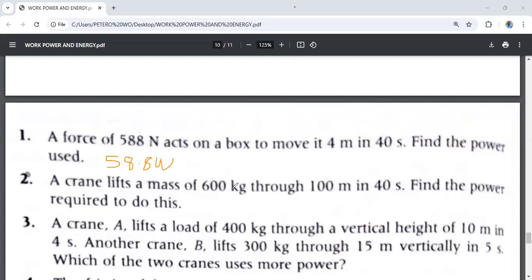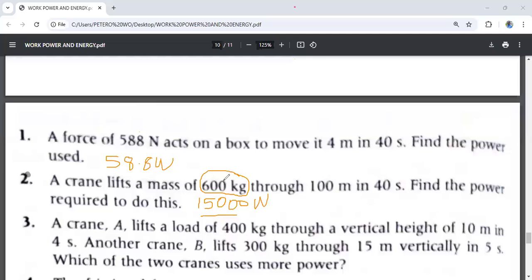Now, number 2, the answer is 1500. This is in watts. Now you realize number 2, they gave us this as mass in kilograms. And I told you that if you're going to calculate anything which involves force times distance, then it will have to change.